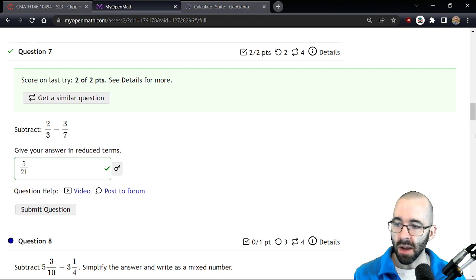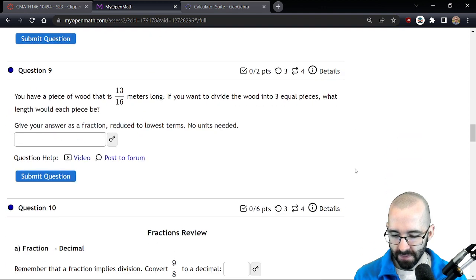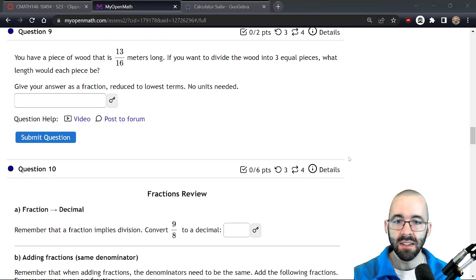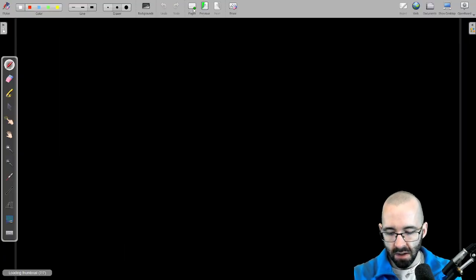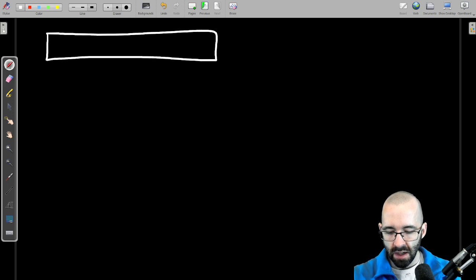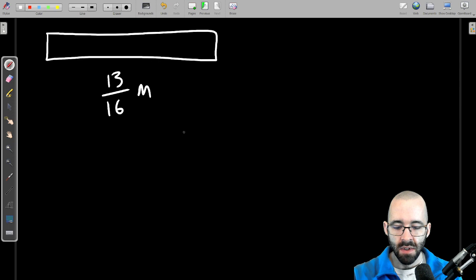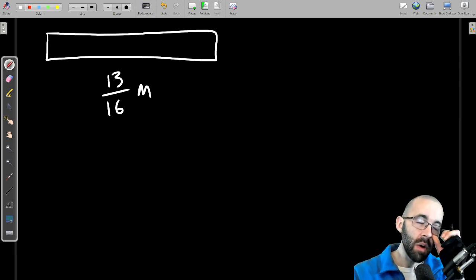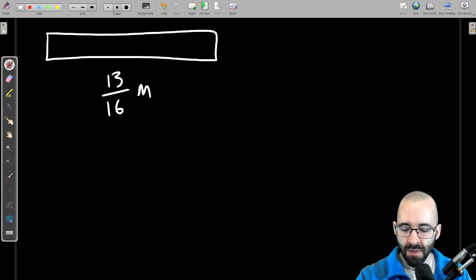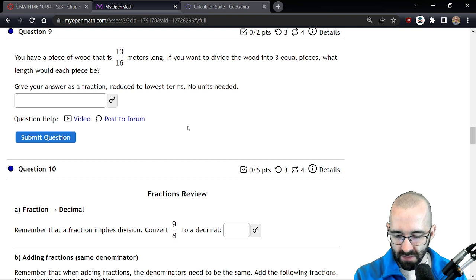All right, let's do a couple more. Do number 9. You have a piece of wood that is 13 over 16 meters long. So we could divide a meter stick into 16 pieces, and if we took the first 13, that would be this piece of wood.